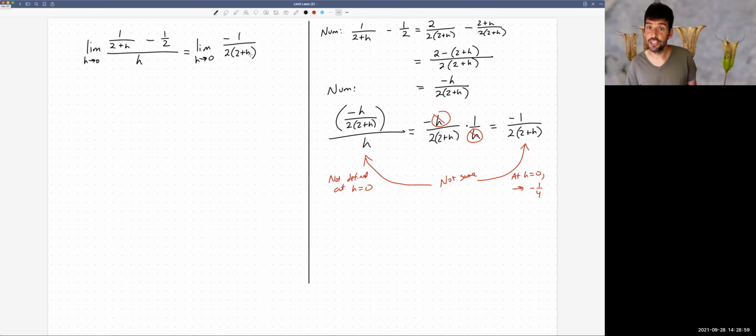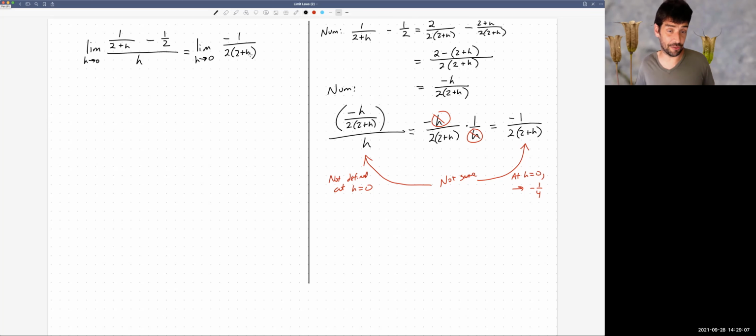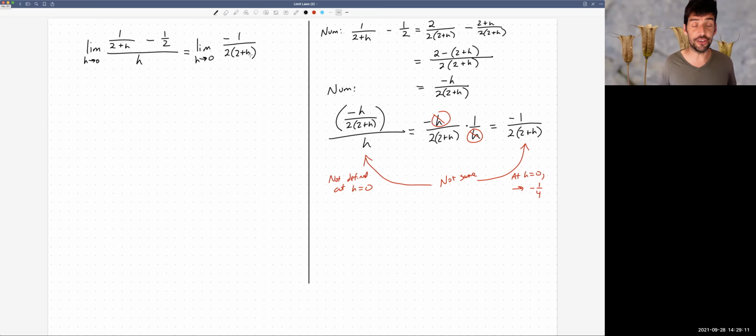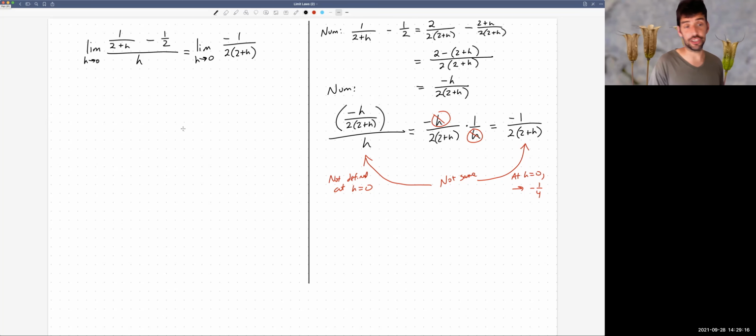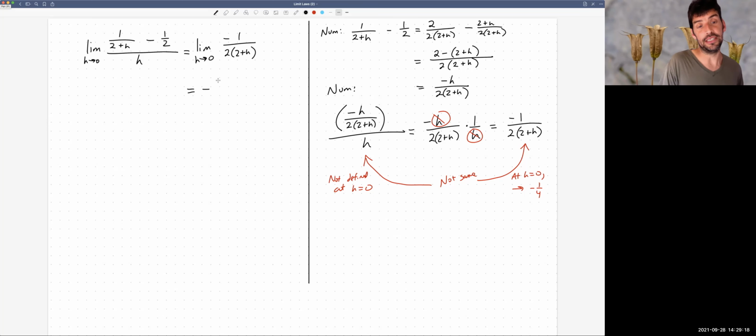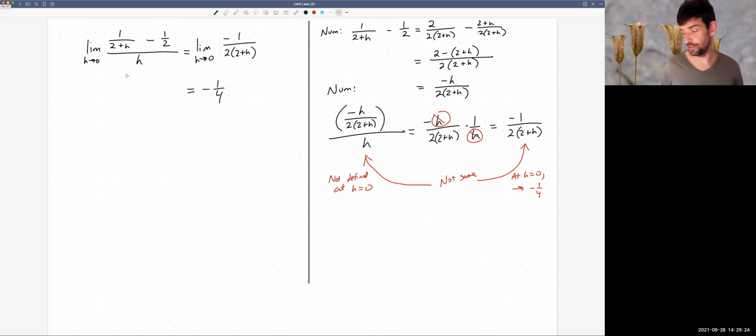If I find a function the same as the one I want the limit of, except at that one point, then I can just take the limit of this new function. This new function is just a rational function, which we've already determined has a limit equal to the evaluation of the function at that point, as long as it's in the domain. And it is, we just evaluated it to be negative 1/4, plugging in 0. And so now we can take this limit of this expression without a 0 in the denominator.